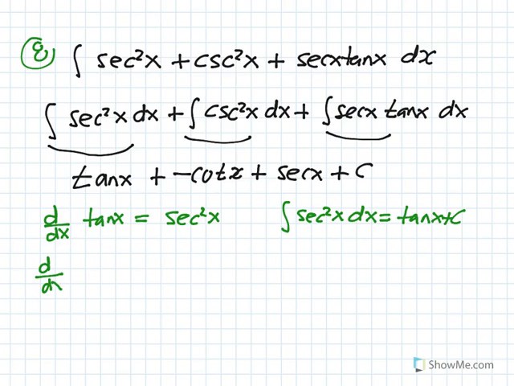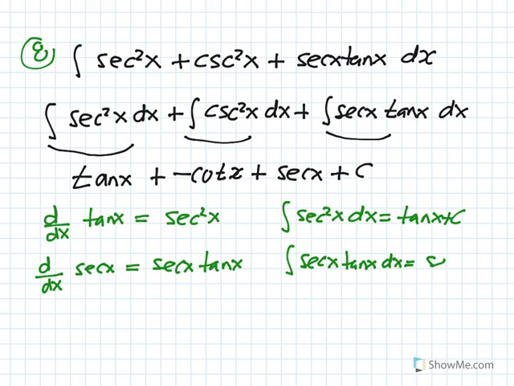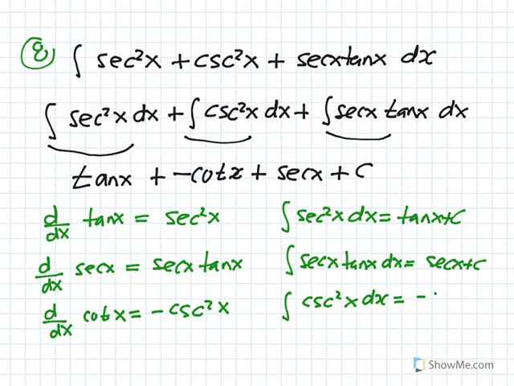Derivative of secant x is going to be sec x tan x, and integral of sec x tan x dx will be secant x plus c. Derivative of cotangent x is going to be minus cosecant squared x. So integral of cosecant squared x dx will be minus cotangent x plus c.